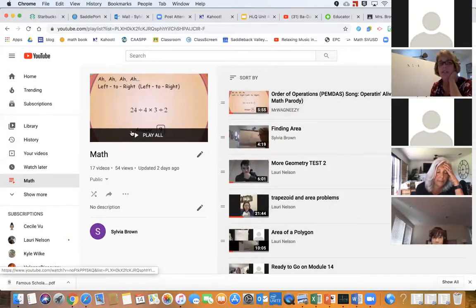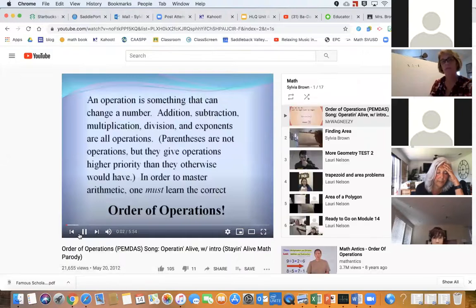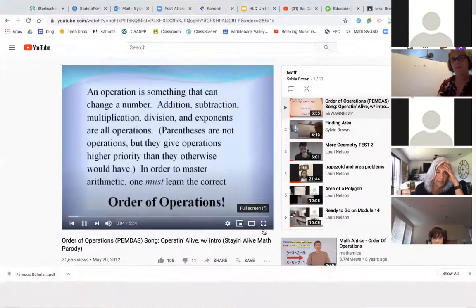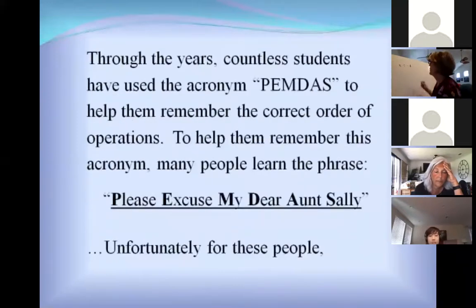Order of operations, this is the one that we want to find. An operation is something that can change a number. Addition, subtraction, multiplication, division, and exponents are all operations. Parentheses are not operations, but they give operations higher priority than they otherwise would have. In order to master arithmetic, one must learn the correct order of operations. Through the years, countless students have used the acronym PEMDAS to help them remember the correct order of operations.